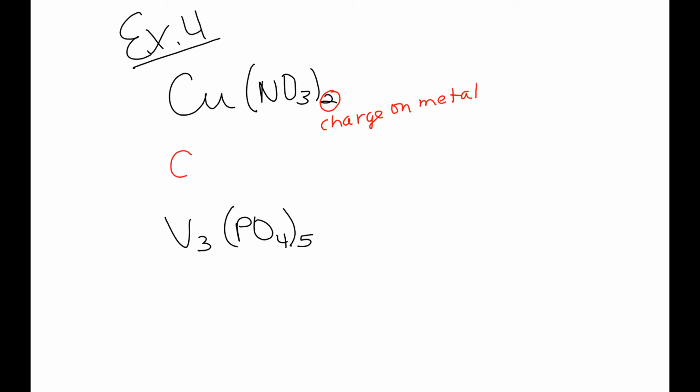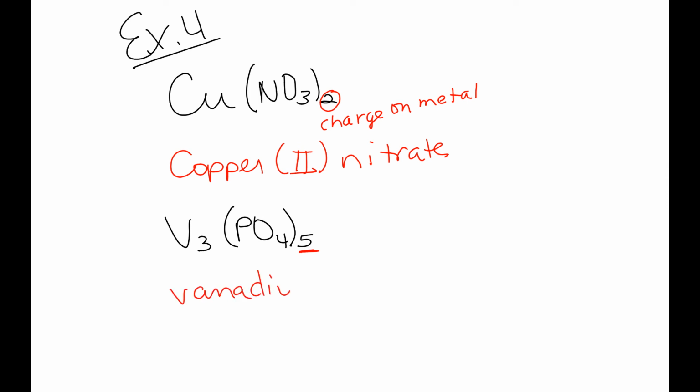So in this case, this is going to be copper 2, and then NO3 is nitrate. Okay? Same with here. This is your charge on the metal here. So this is going to be vanadium 5 phosphate. So anytime you have parentheses, it's extremely easy. It's when we don't have parentheses, things get a little tricky.